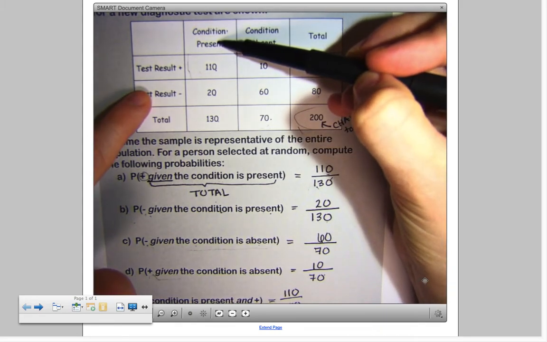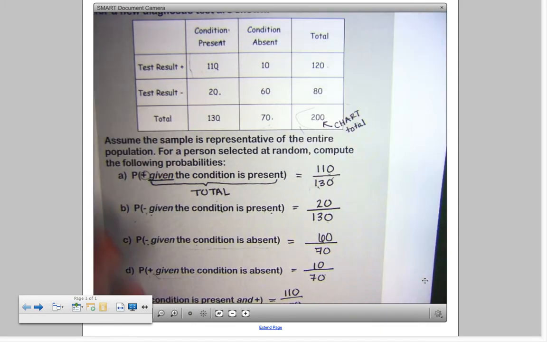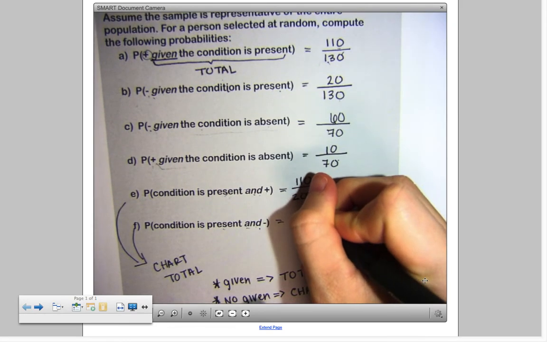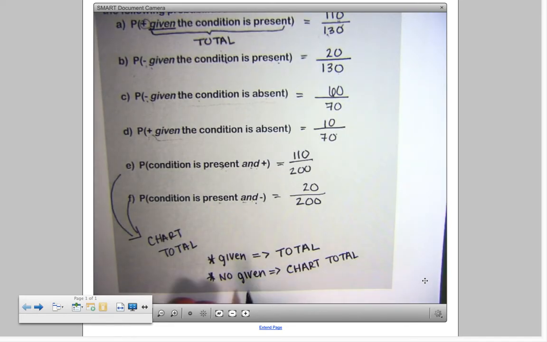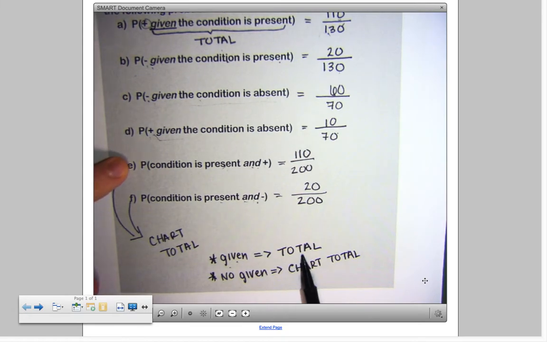Present, negative, go to where they meet. 20 of them are present and negative. So 20 out of 200 would be that probability. Okay, so just remember, anytime you are given a given, the given or the part after the given tells you your total or your denominator. Okay, so all of these you're given a given. Down here, there is no given, so you're using your chart total.